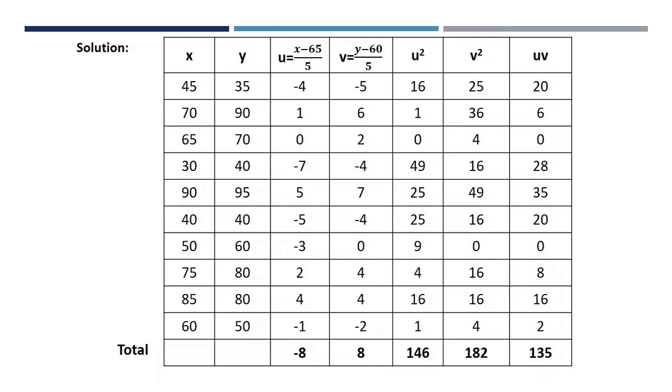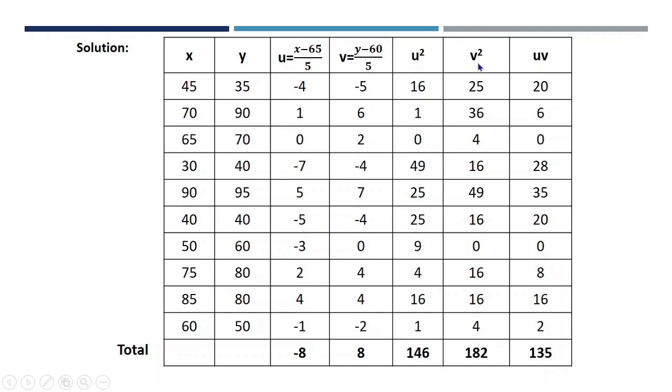Since the correlation coefficient is independent of the change of origin and the change of scale, the correlation coefficient of variables x, y is the same as that of the correlation coefficient of u, v. That is why we are doing like this: square these u values and we get the u square column, and the sum of all these, sigma u square, is 146.